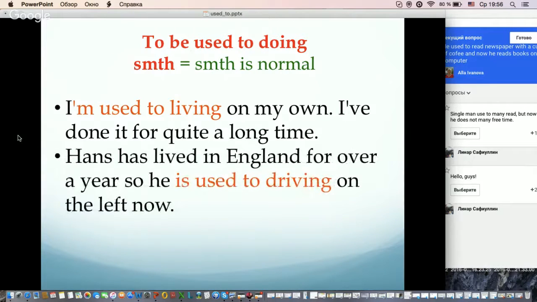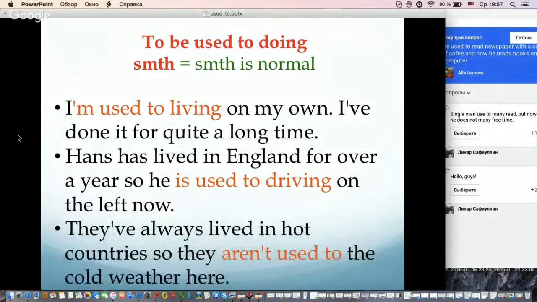Hans has lived in England for over a year, so he is used to driving on the left now. Ганс живет в Англии уже более года, поэтому вождение с левой стороны для него привычно. They've always lived in hot countries, so they aren't used to the cold weather here. Они всегда жили в жарких странах, поэтому холодный климат здешних мест им не особо привычен.